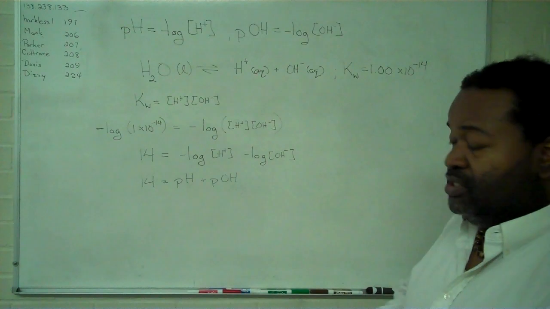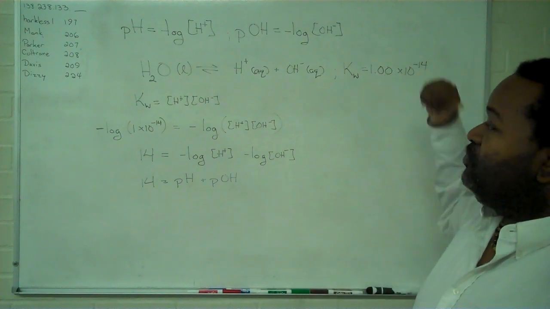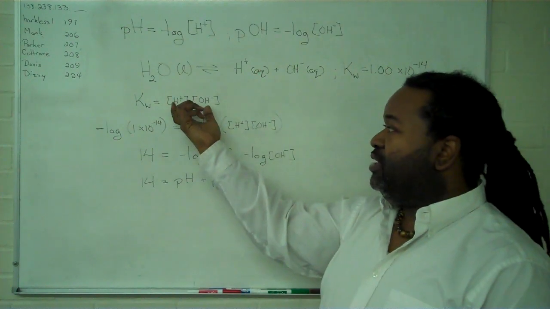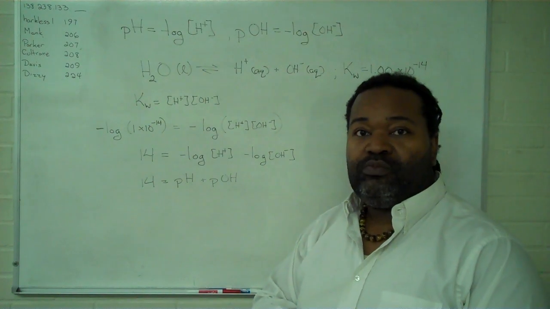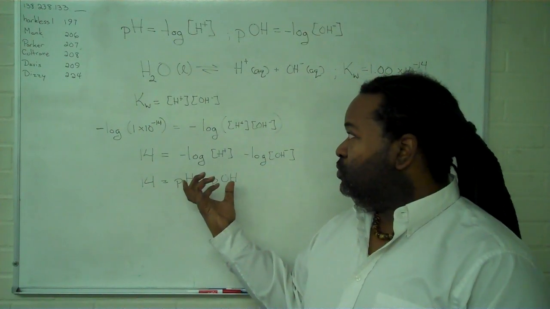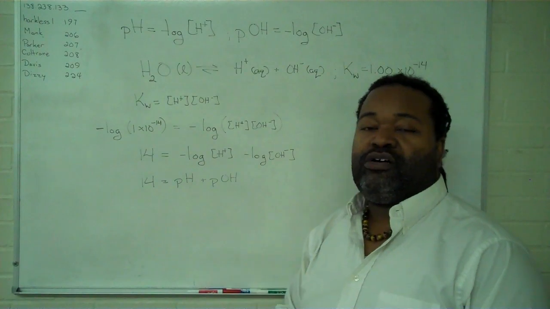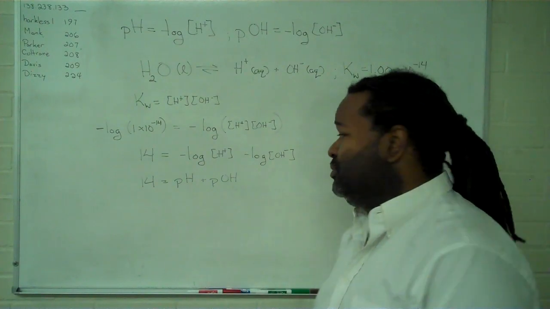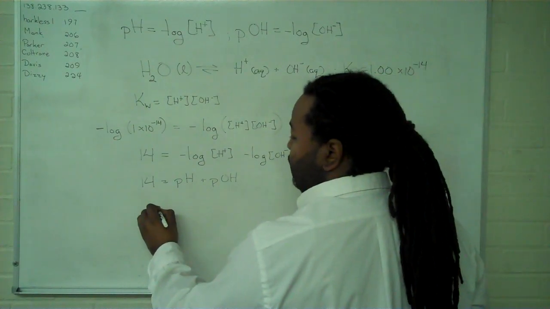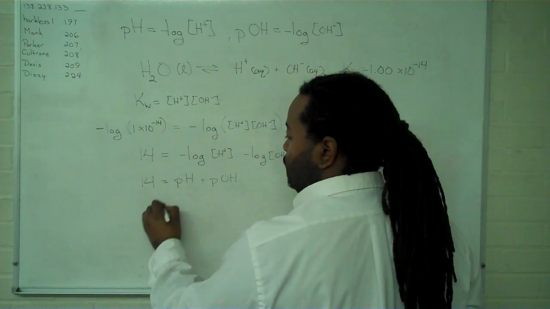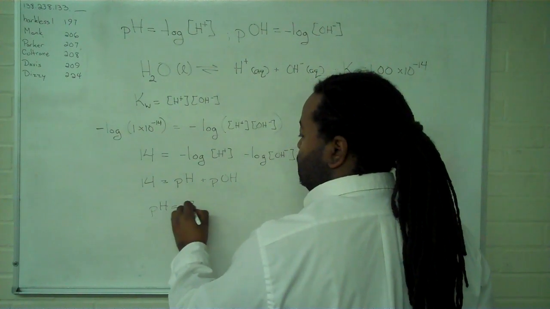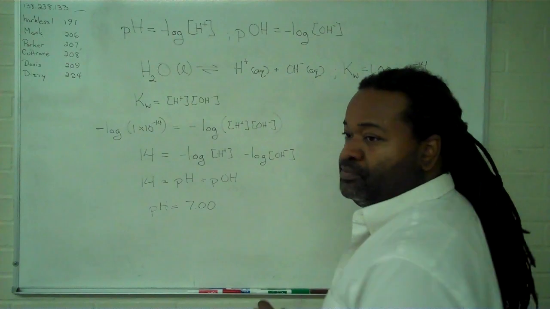The other thing to note is that because we have an actual value for K water, and we know that these two concentrations must be equal, when we use our substitution and solve that quadratic by taking a square root, what we'll find is that for water, pH equals exactly 7.